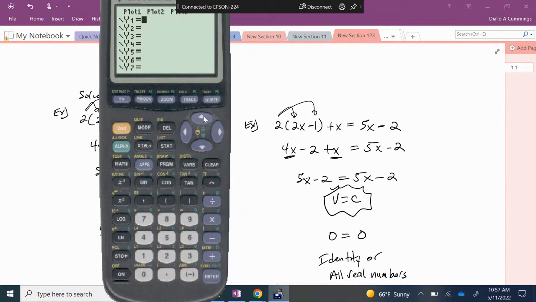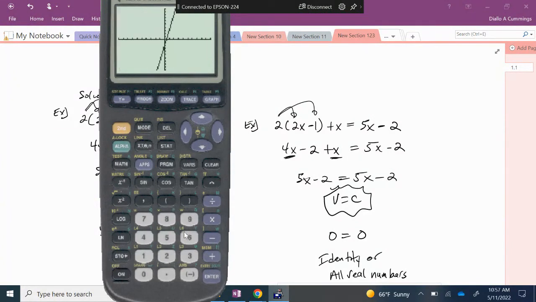I'm going to put in the left-hand side, which is 2 parentheses 2x minus 1 plus x. I'm going to put in 5x minus 2. And I'm going to hit zoom 6 to graph.